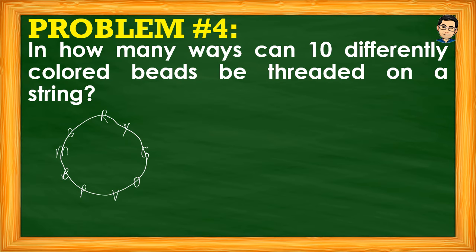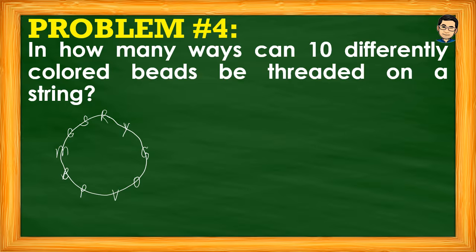And then, halimbawa, meron pa tayong kulay sky blue. Okay, so meron na po tayong 10 magkakaibang kulay ng colored beads. So, paano natin malalaman yung number of ways na pwede natin silang pagsama-samahin para makabuo ng, halimbawa, bracelet?